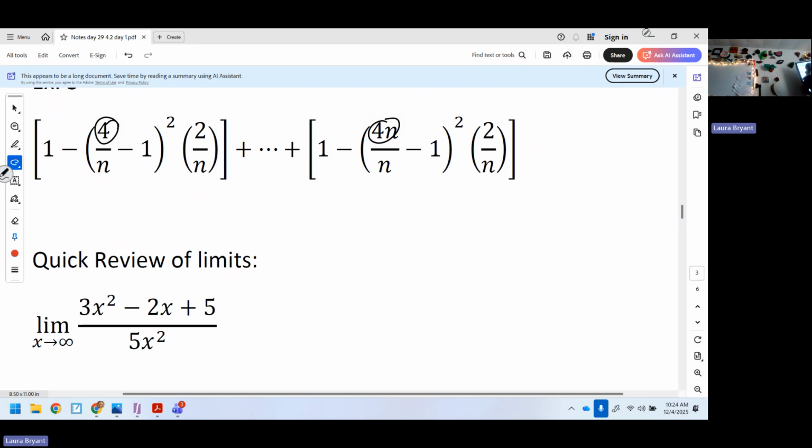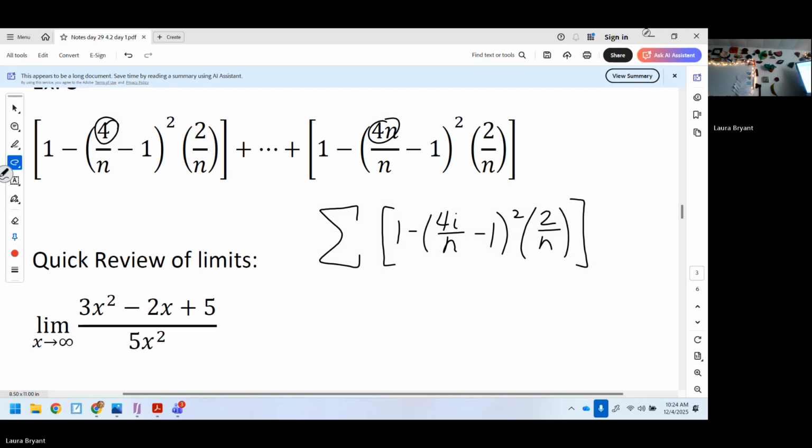And so that's where I need to have my variable. So it's going to be 1 minus parenthesis 4I over N, and the rest of that is all still the same. And I'm putting the I in there. Since I doesn't show up here, it's because I equals 1. And because I is N there, it's 1 to N.